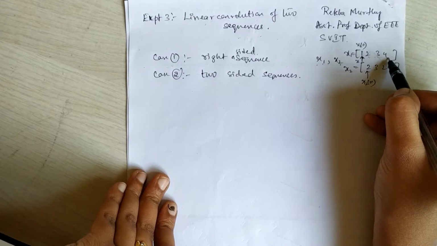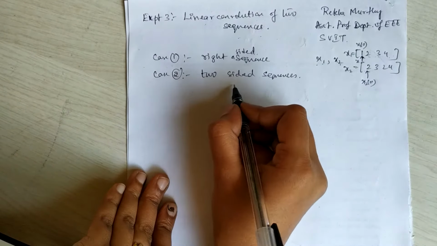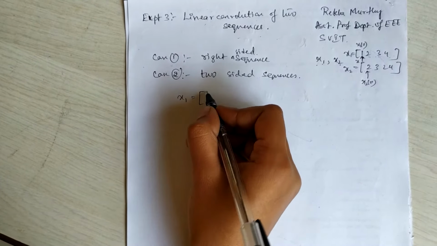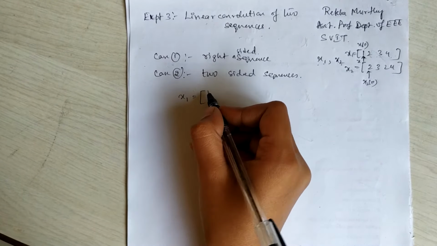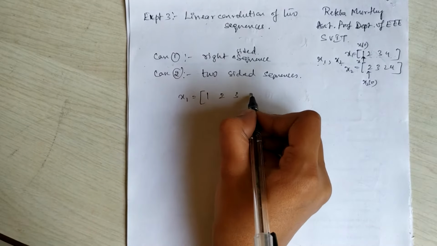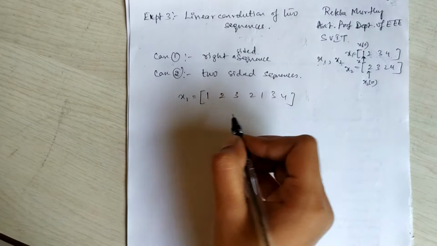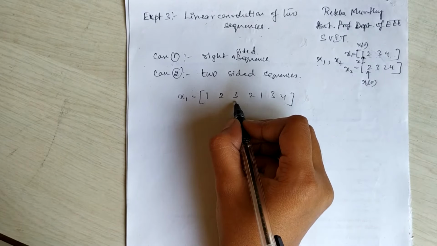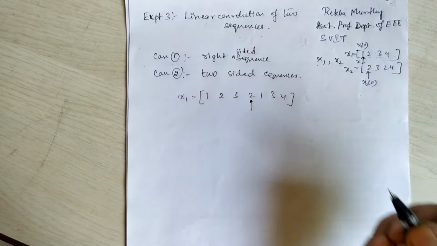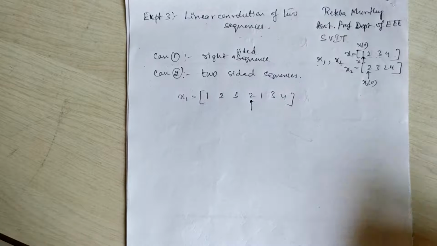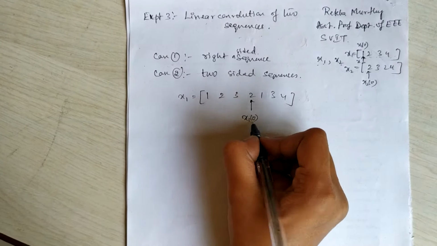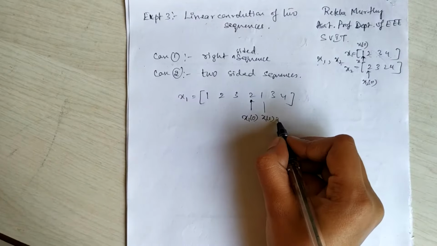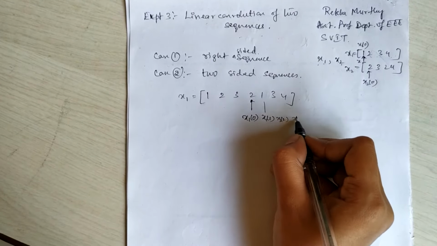x1 of 3. Similarly, when you consider a two-sided sequence, x1 will be given as 1, 2, 3, 2, 1, 3, 4, for example. If you keep the pointer at this position, it indicates x1 of 0, then x1 of 1, x1 of 2, x1 of 3, and it goes on.